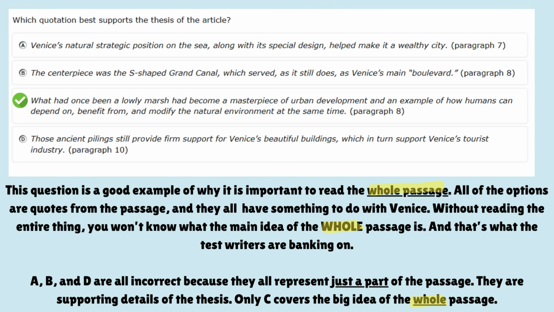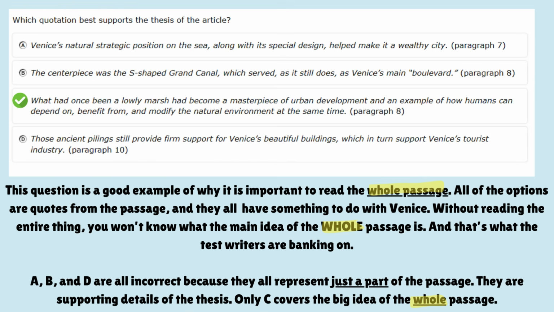That is paragraph 8. So this question is a good example of why it is important to read the whole passage. I can't tell you how many students admit after the fact, I didn't read the passage, I just skimmed, or I might have fallen asleep during the passage, and I get it. The STAAR test is boring.